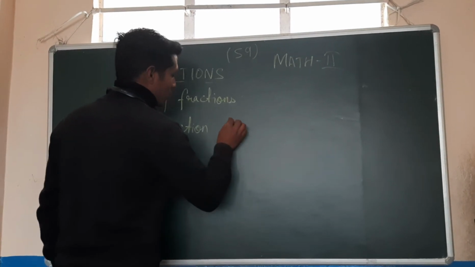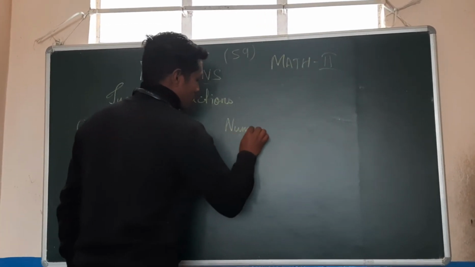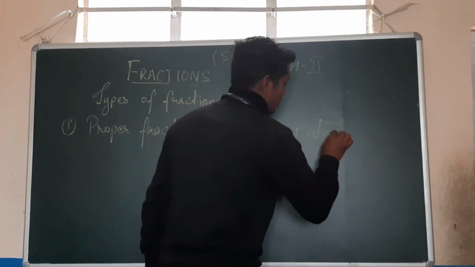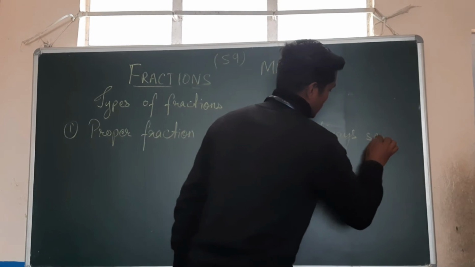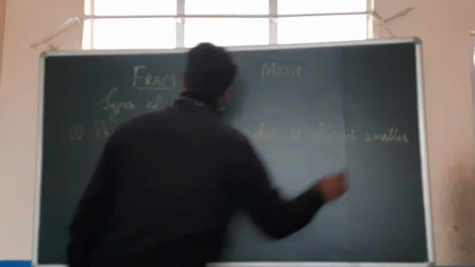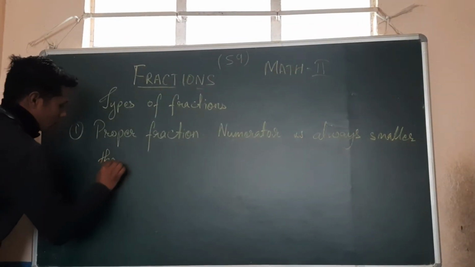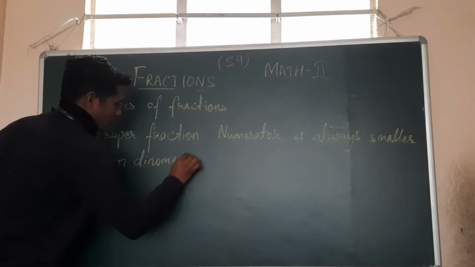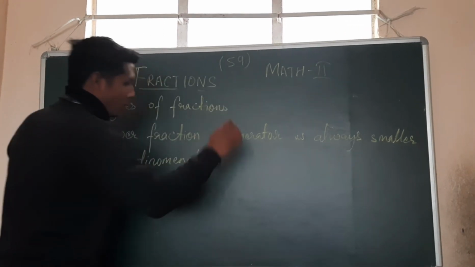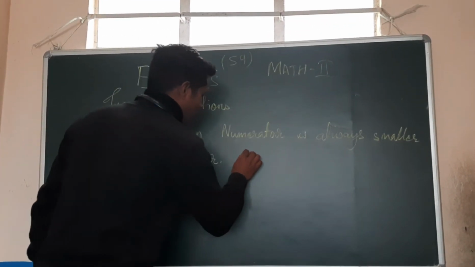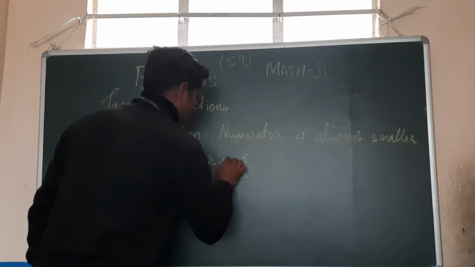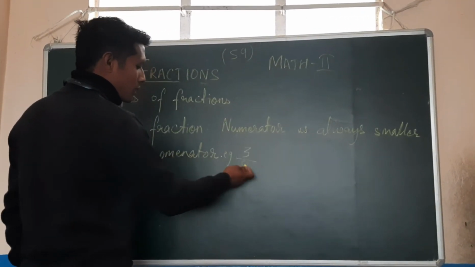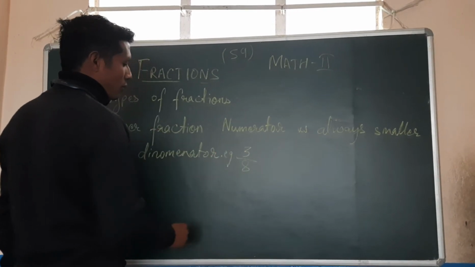In a proper fraction, the numerator is always smaller than the denominator. For example, 3 by 8. In this case, the numerator, that is the upper one, 3, is less than 8. Therefore, it is known as a proper fraction.